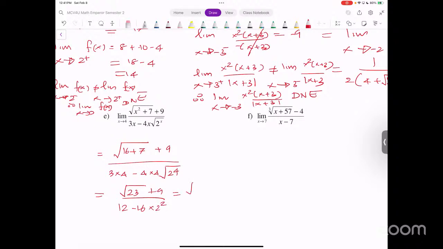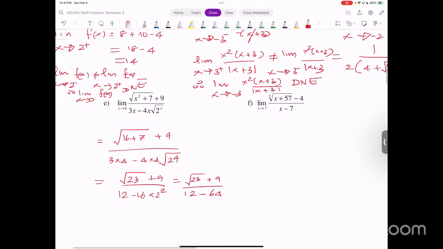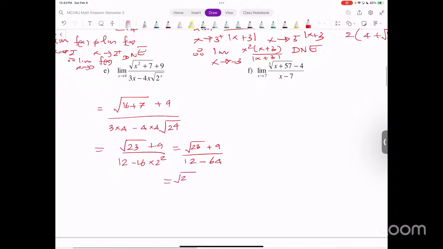So that is 23 plus 9, over 12 minus 16 times 4, 64. That's it. So that's a direct substitution.